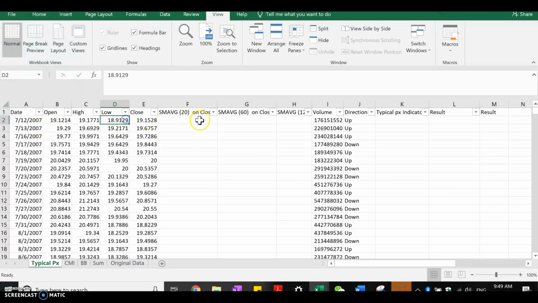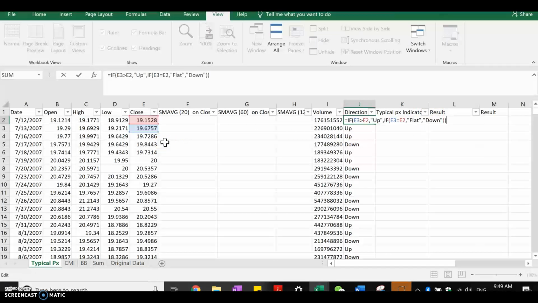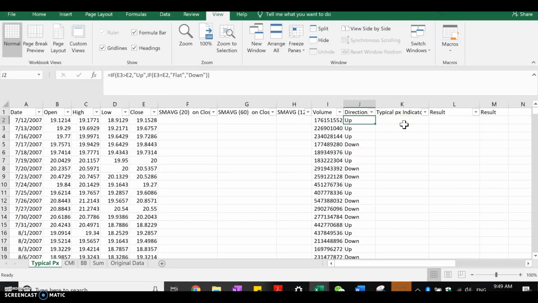Here's the raw data that I just showed you, and the direction column is the true direction. If we go through the formula, it just uses the next day's price compared to the current day's price. If the next day's price is going up, that means the real direction is going up, and we're going to compare this to the signal generated by the typical price indicator.